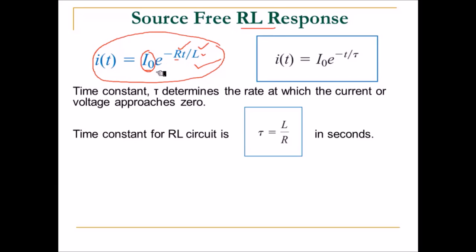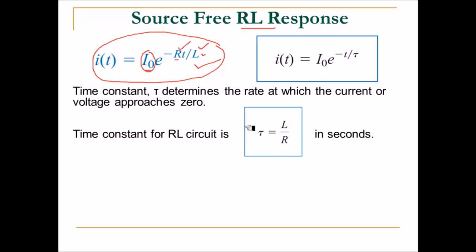So always remember this equation and understand how to get the values of I0, R and L from the given circuit. Then it's very simple to analyze the source-free RL response. If you simplify this equation in terms of the time constant, given as L by R, we have a new constant tau equal to L/R.